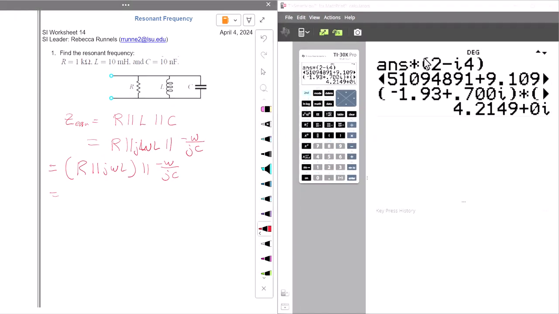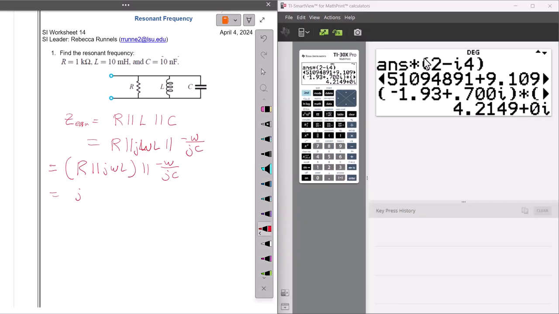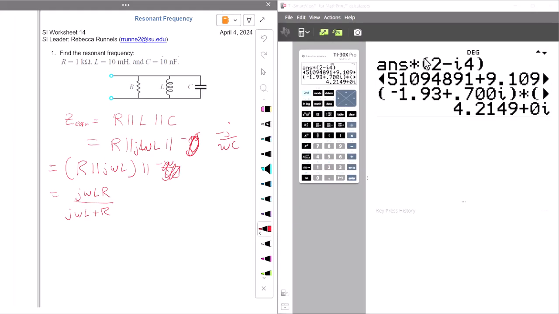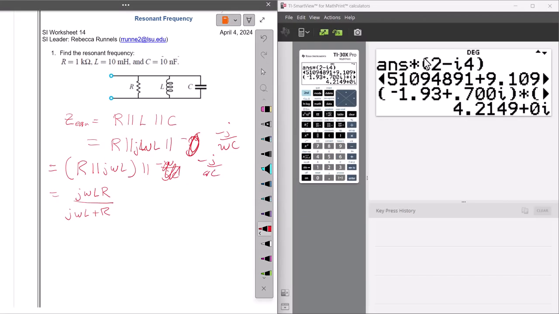So R in parallel with j omega L, it's product over sum, so that's j omega L R over j omega L plus R. Now we have minus j over omega C, which is the impedance of the capacitor.